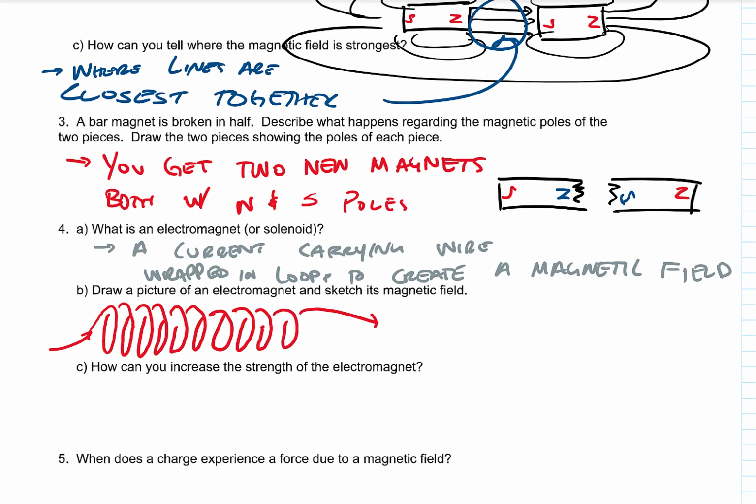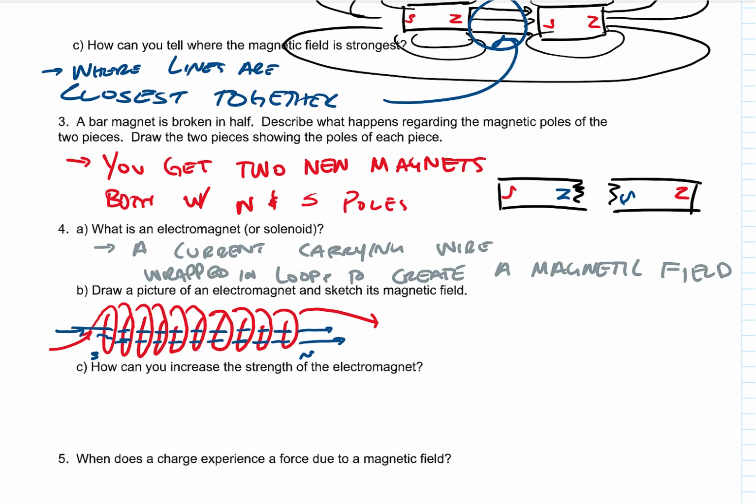There we go, there's an electromagnet, and if we look at the magnetic field through there, the magnetic field runs in this direction, straight through the magnet, and so the magnetic field would point this way and would be as if there were a north end here and a south end there.